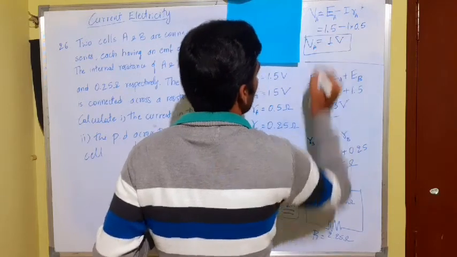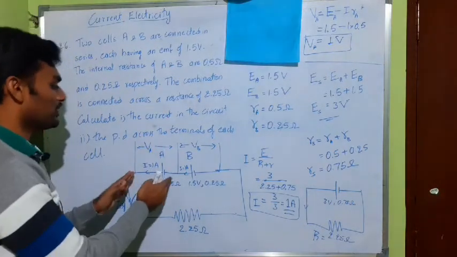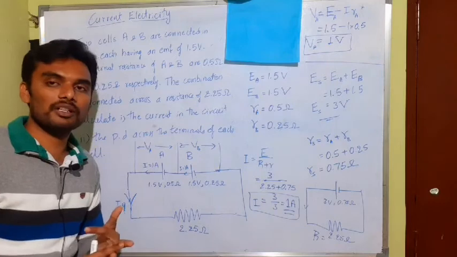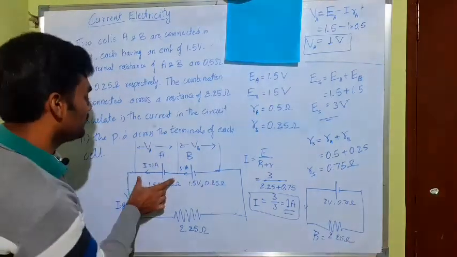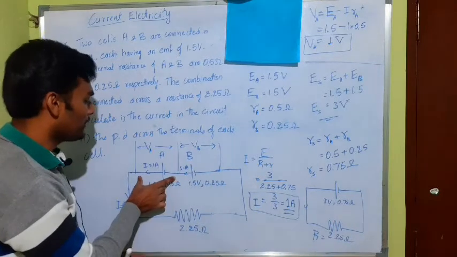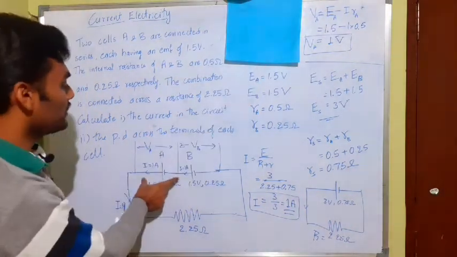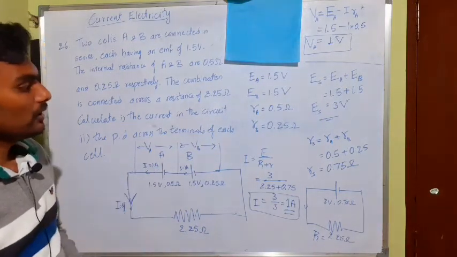That's it. You have the value of the terminal potential difference. Terminal potential difference, voltage drop, potential drop, all of them are the same. Across cell A, VA is 1 volt. Similarly, you solve for VB.